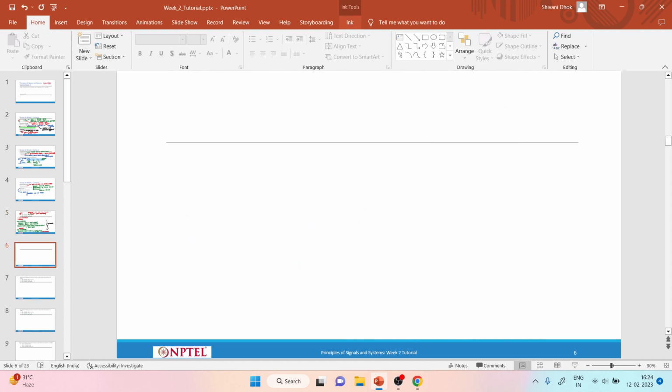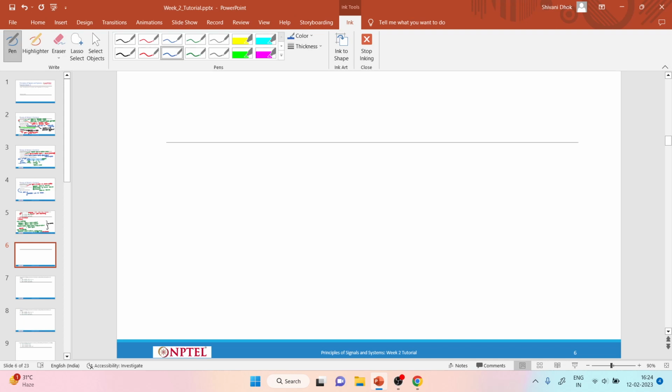Okay. So the next thing that we need to check is time invariance. We know that the output for x of t is y of t, given as x of t plus x of t minus 6. Now let us first shift the input.